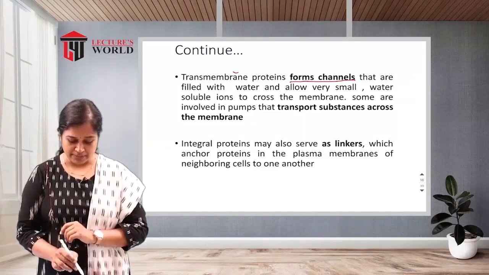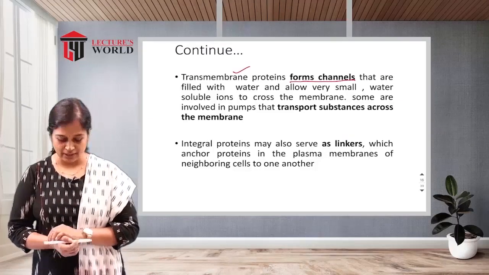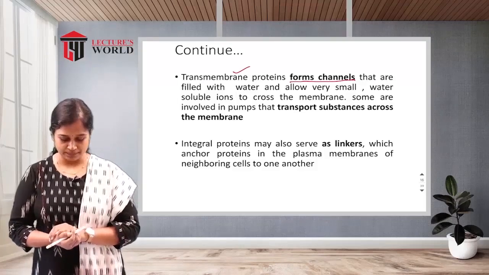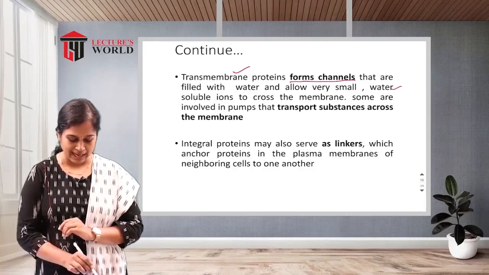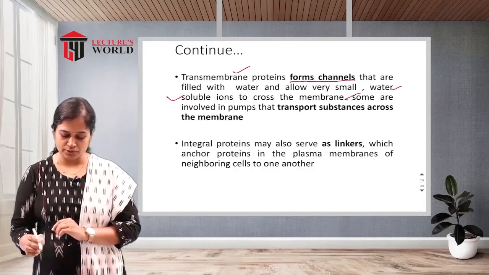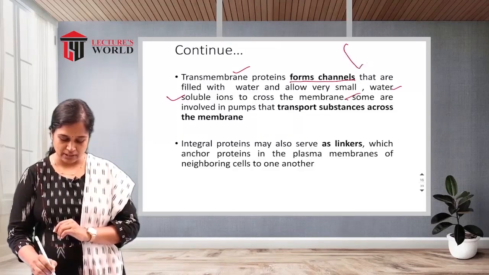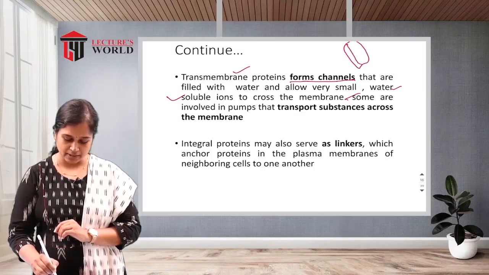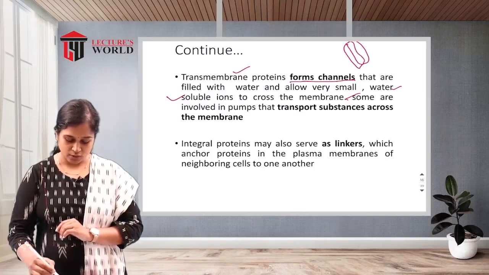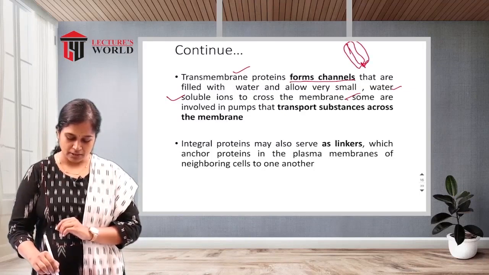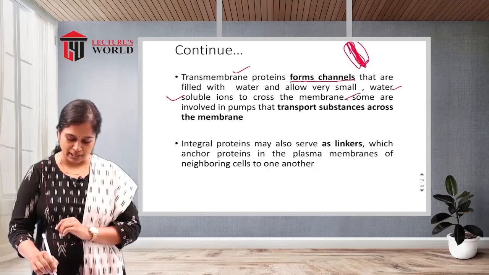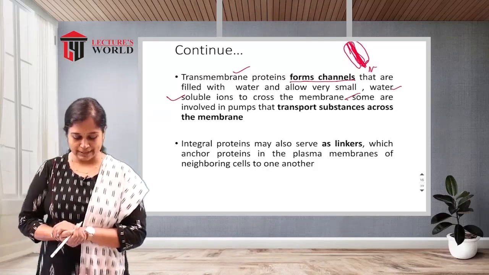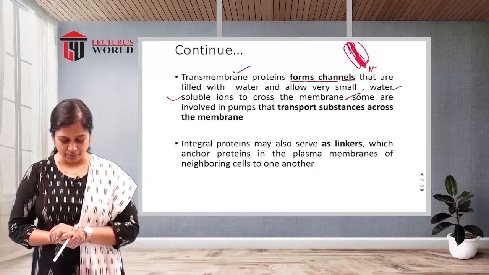This transmembrane protein forms a channel that is filled with water and allows very small water soluble ions to cross through the membrane. Suppose this is a transmembrane protein; it has a groove inside it. So this channel is filled with water and some water soluble molecules can pass through it. That is another function of the transmembrane protein.